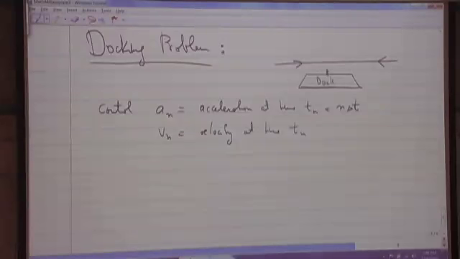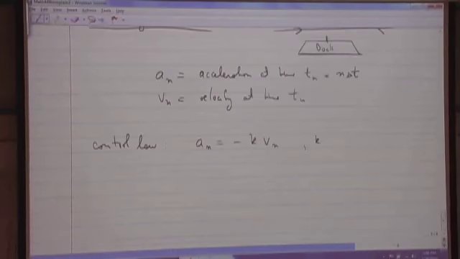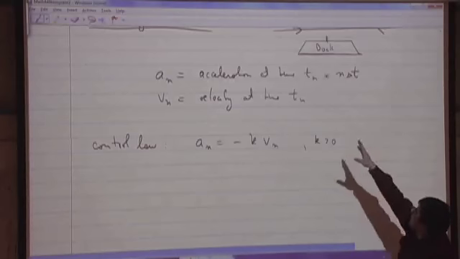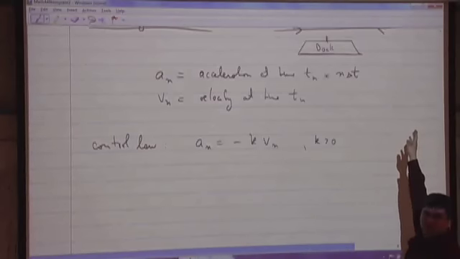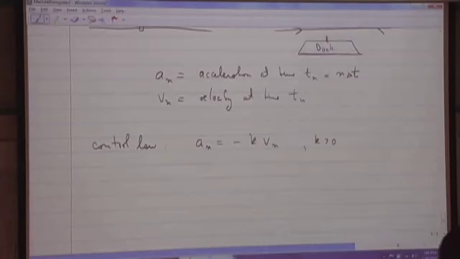And here's the control law. The control law says that the acceleration is proportional to the velocity, with a negative constant. So minus k with k positive, saying that if I have a velocity that's moving in the positive direction, let's say, then you want to brake. So you want to put a negative acceleration to it.